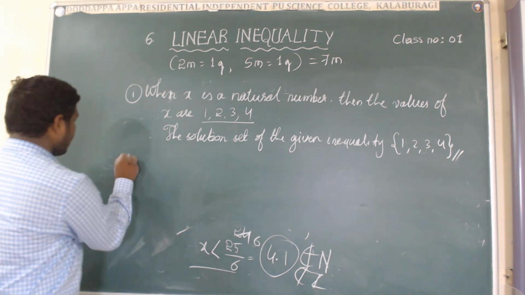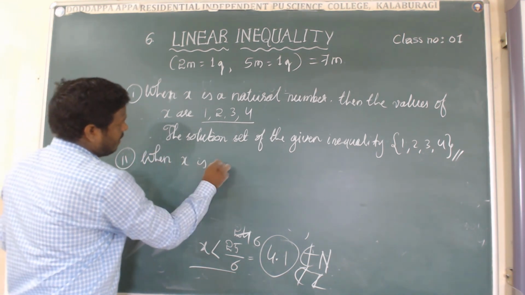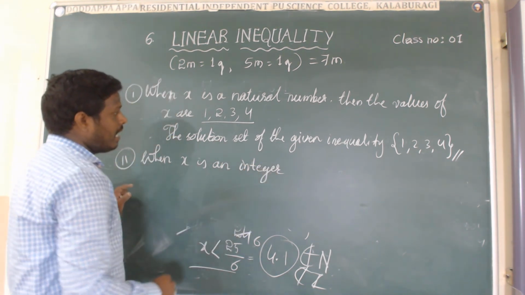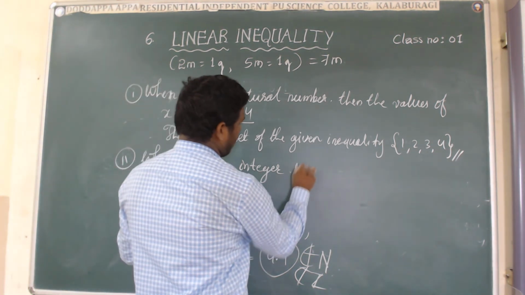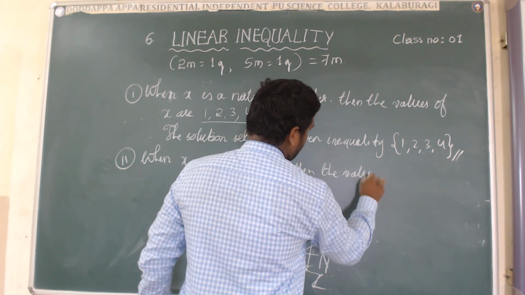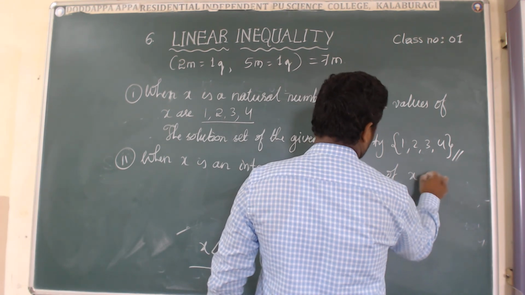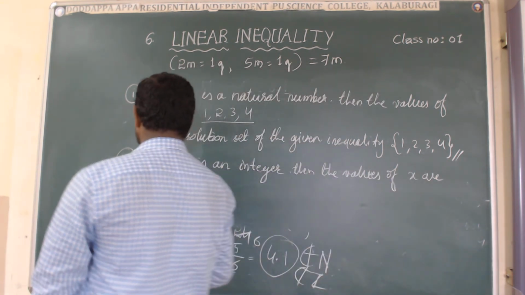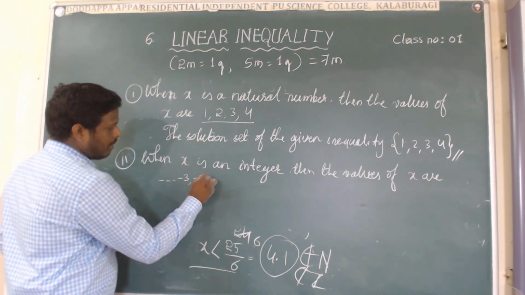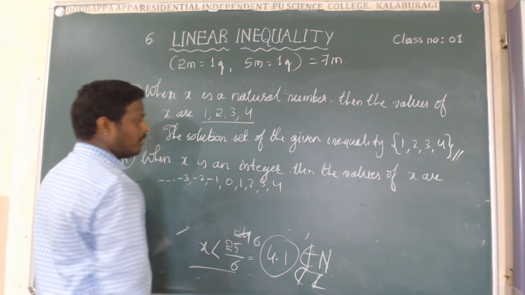For the next, second question, when x is an integer, then the values of x are many, I will not list them all: so on -3, -2, -1, 0, 1, 2, 3, 4.